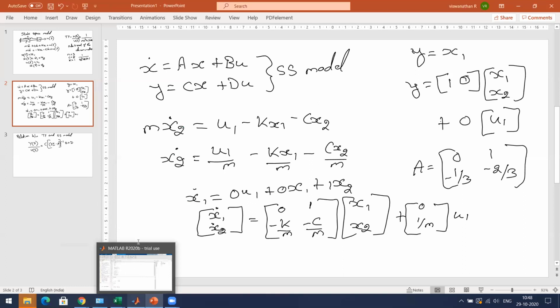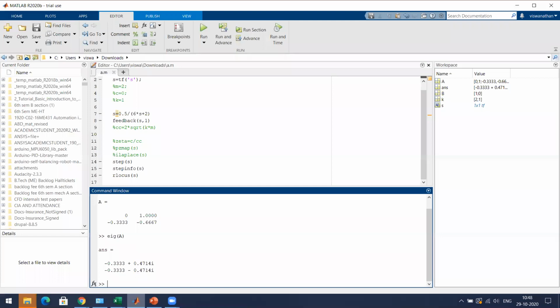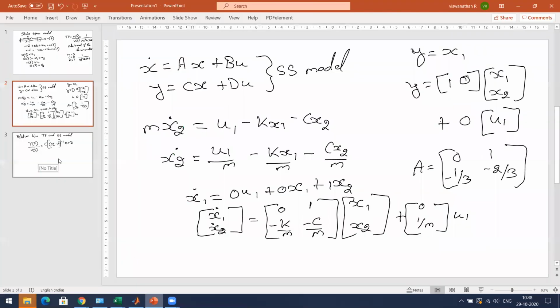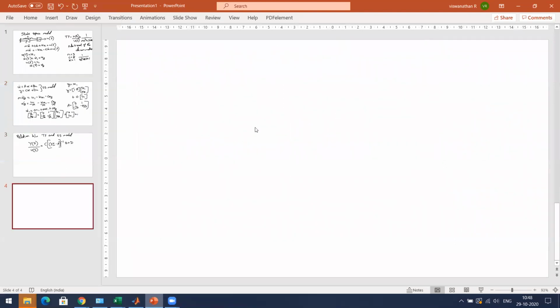So how do you know whether the system is stable? You have the S-plane. Suppose you have a pole here and a pole here.